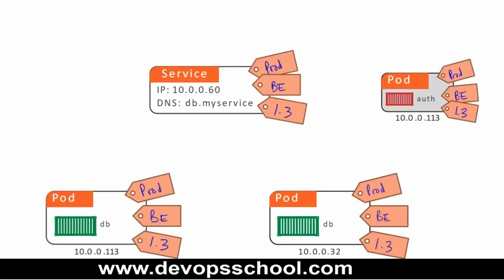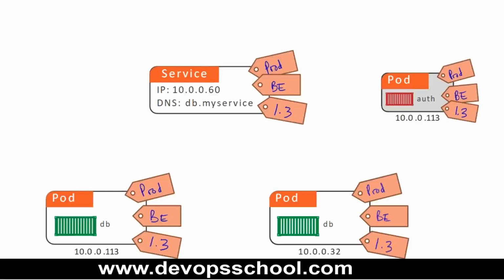But the other pod has an auth container, so this is wrong, because sometimes the service will redirect traffic to the DB pod, and sometimes to the auth pod. So you get inconsistent service behavior, because it should be either auth or DB; a service should have only one dedicated purpose and should not be mixed. Why has this happened?